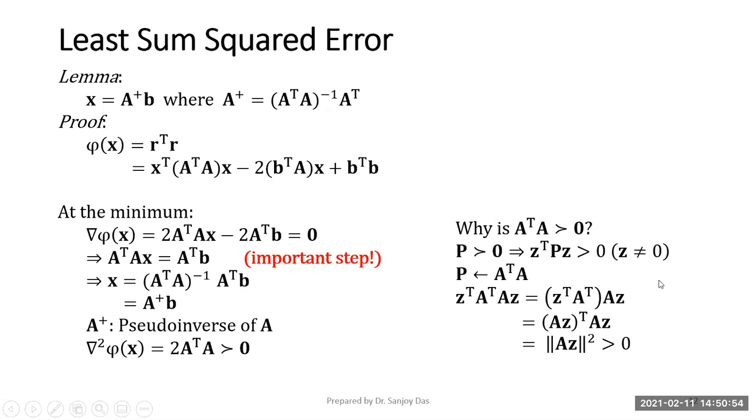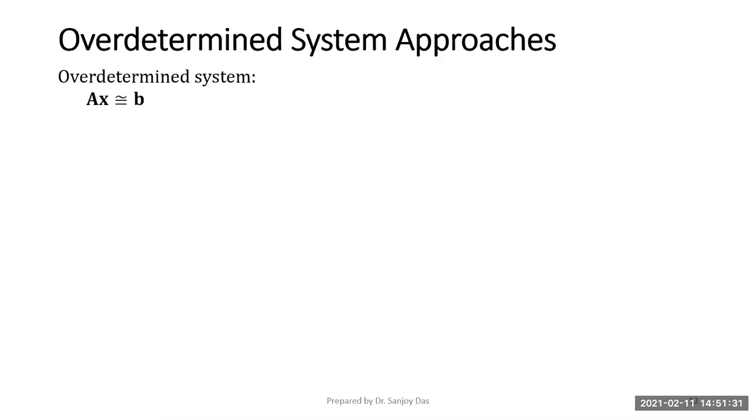Which is why this Z transpose A transpose AZ is always greater than 0, making A transpose A positive definite. And since twice A transpose A is the second derivative of our function phi of x, at this point, x equals A plus B, x is a minimum, not a maximum.